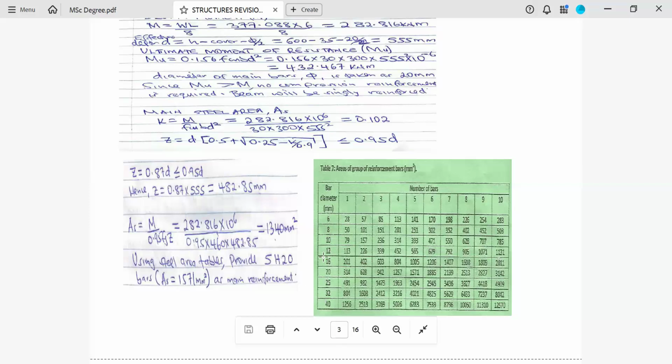So what will happen, I will move along 20. Now, looking at that, you find that along 20, I have 1257 below 1340. Then I have 1571. Now, since 1571 is the value closer to that, and because I wanted to be consistent with the 20 millimeter, I will opt for 1571 millimeter squared.